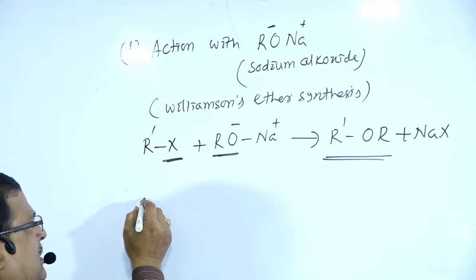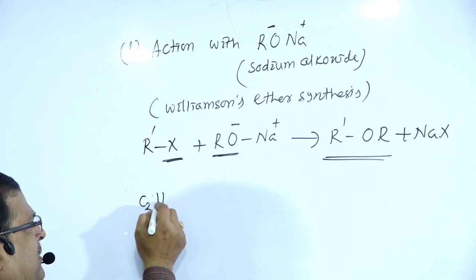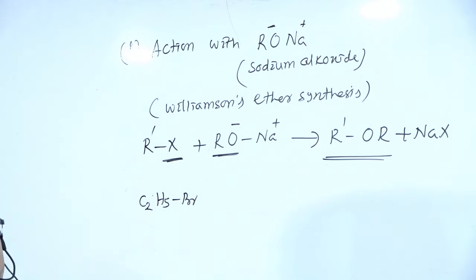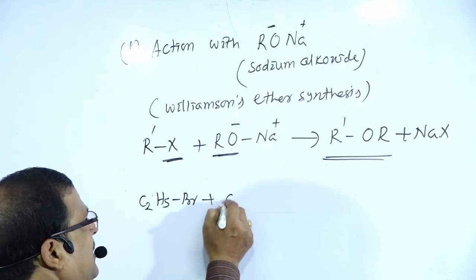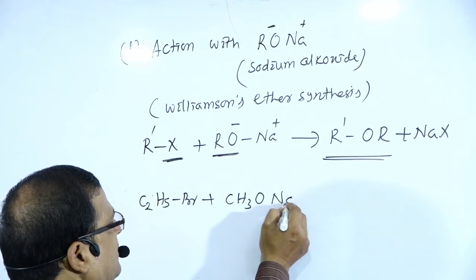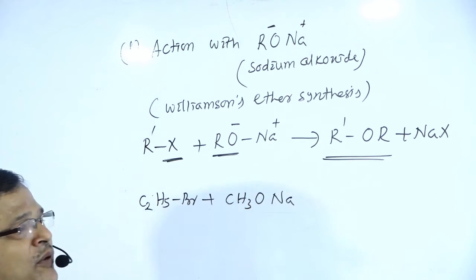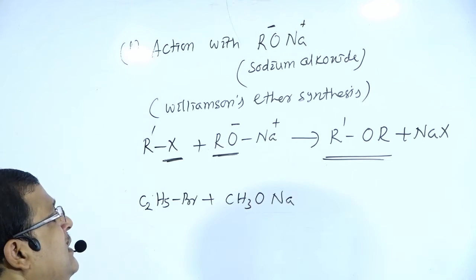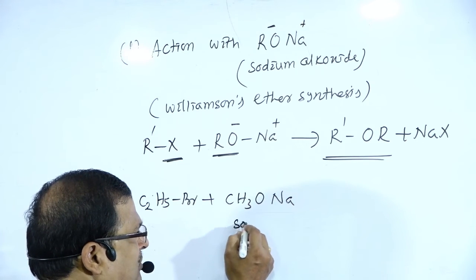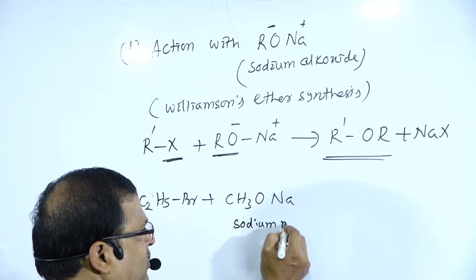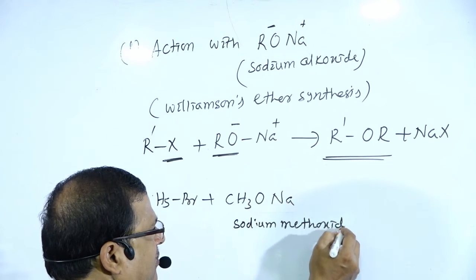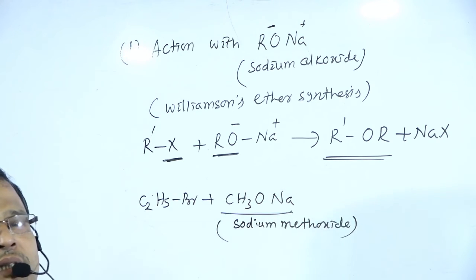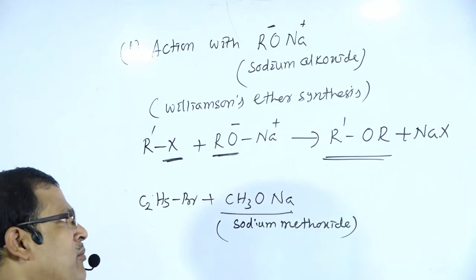For example, C2H5Br, ethyl bromide, treated with CH3ONa. RONa is the formula for sodium alkoxide, so CH3ONa is sodium methoxide.